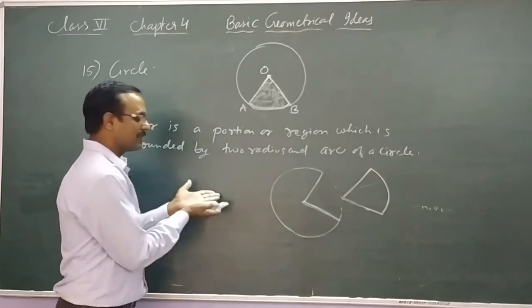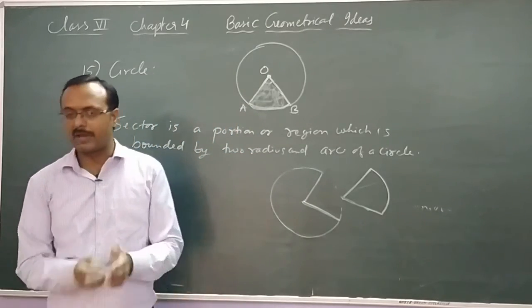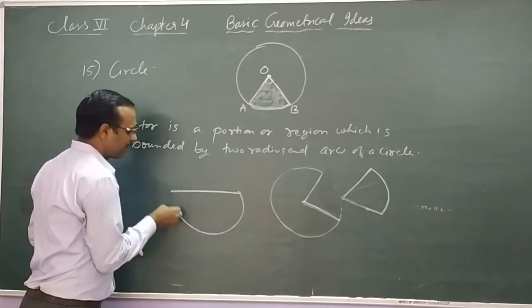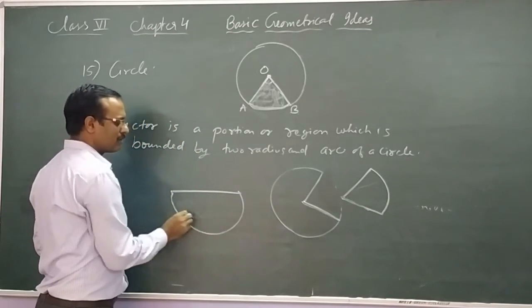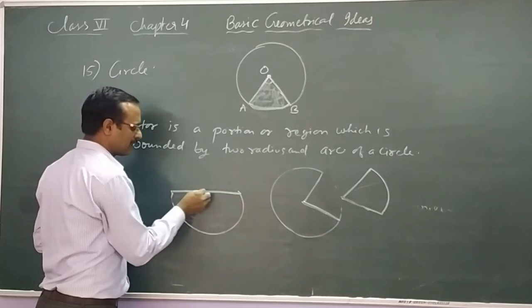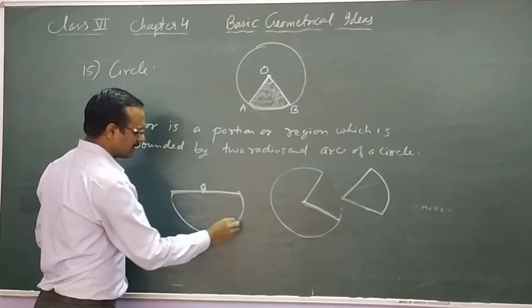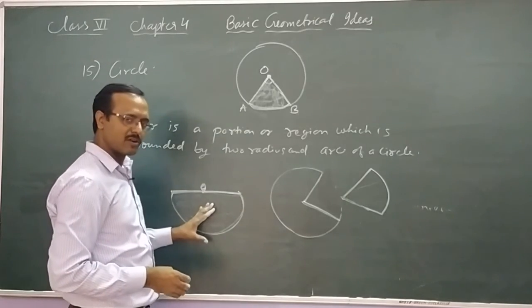If you have a circle and you fold it, it will become half. And this part is also called a sector of the circle, because these are the two radius having the center here, and this is a curve. So this semicircle will also be called a sector.